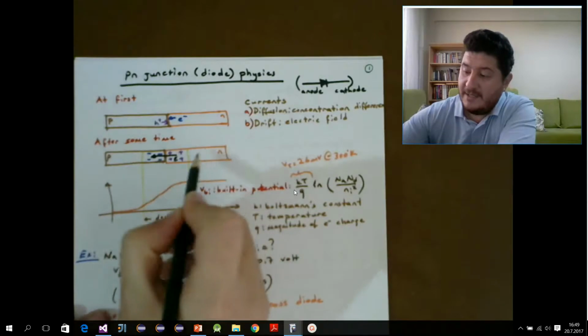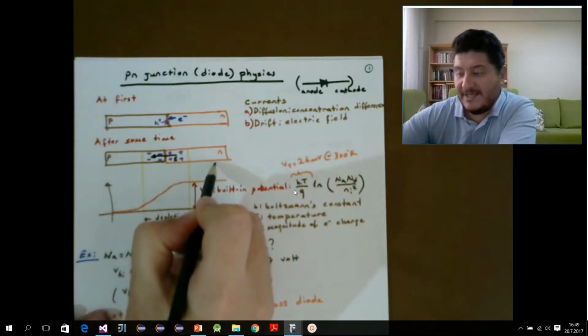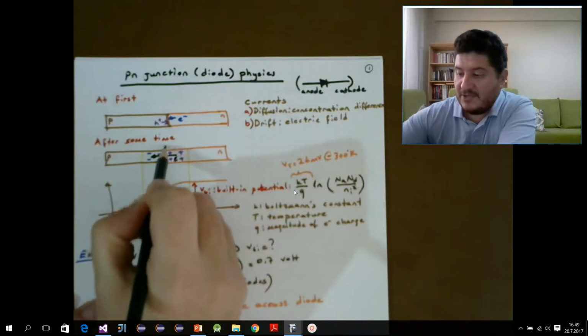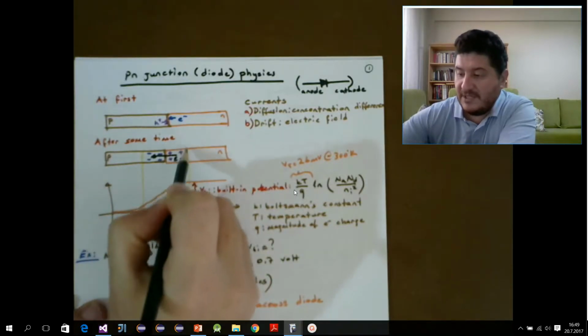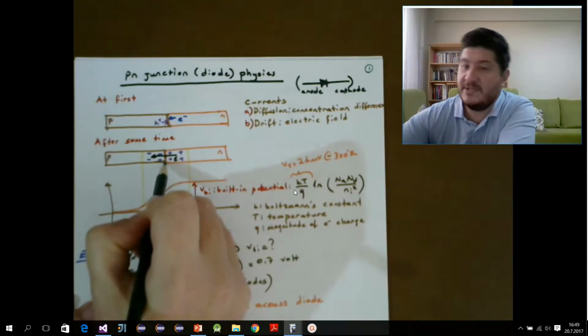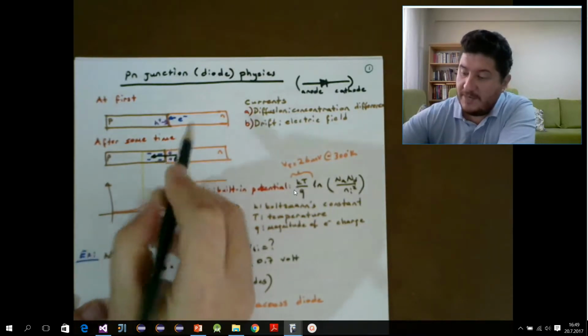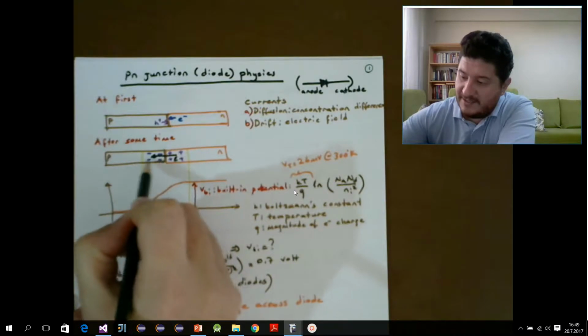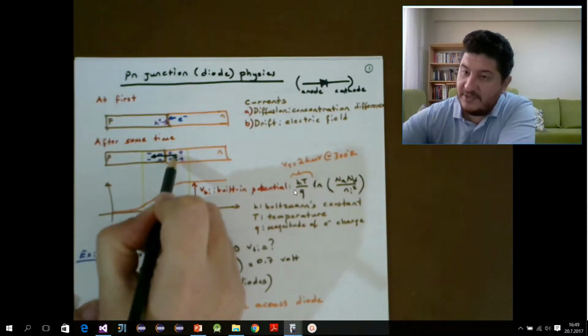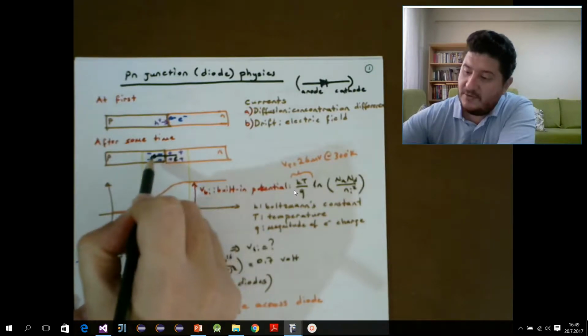And likewise in the N side, where we have lots and lots of electrons, right next to this junction, we will have a little place where we have lots and lots of holes instead of electrons. So right close to this junction, we will have an electric field going from the N side to the P side.